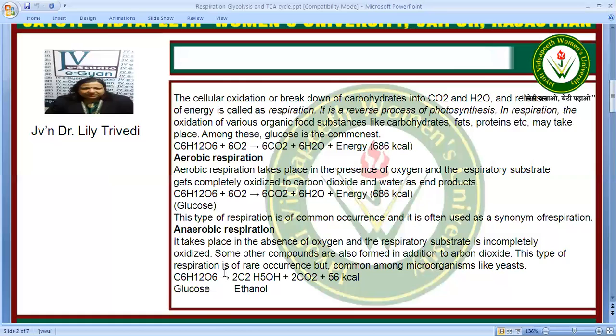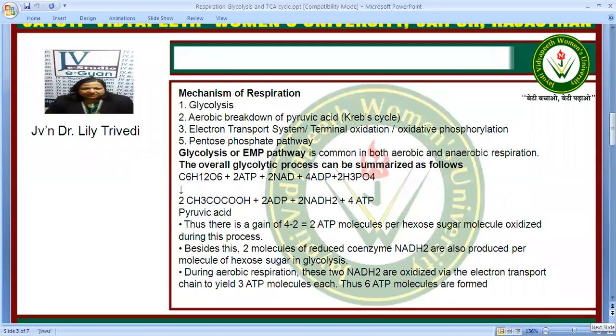The glucose is converted into ethanol and carbon dioxide is released with less amount of energy, that is only 56 kilocalories. Now, the main mechanism of respiration involves glycolysis, aerobic breakdown of pyruvic acid, that is Krebs cycle, electron transport system, also known as terminal oxidation or oxidative phosphorylation, and pentose phosphate pathway.